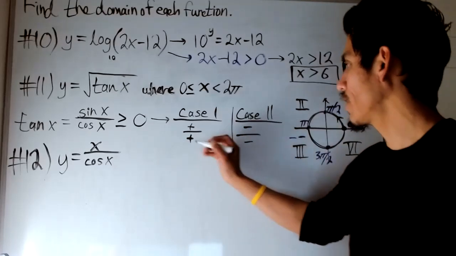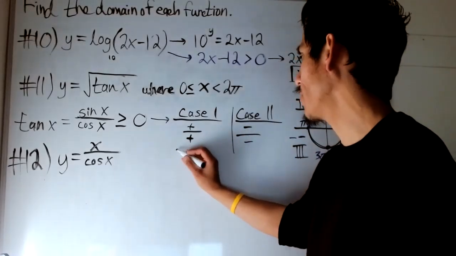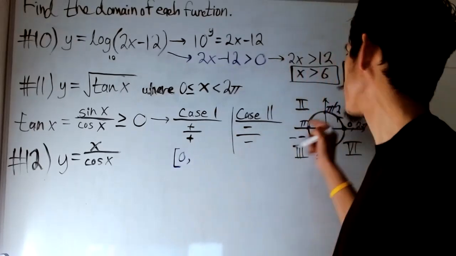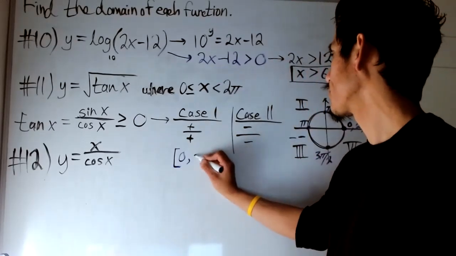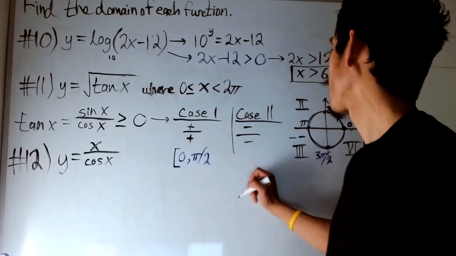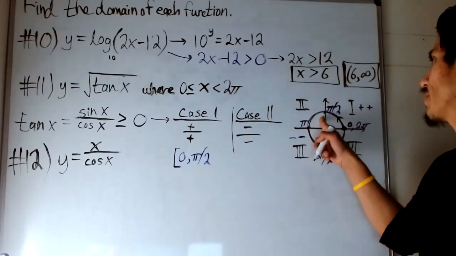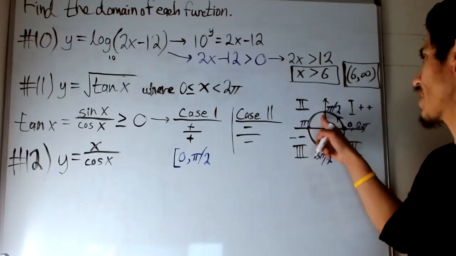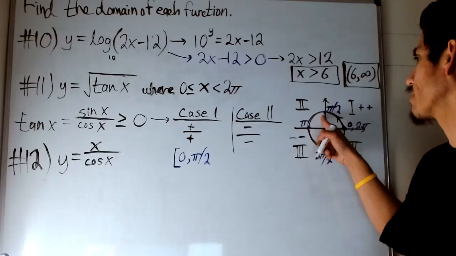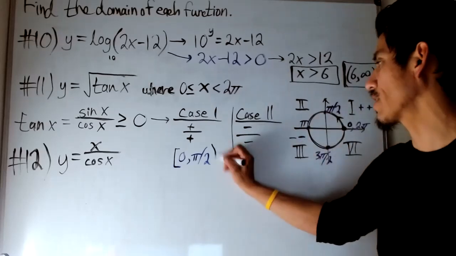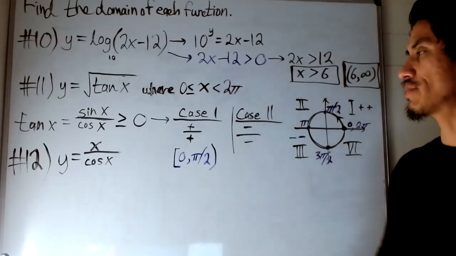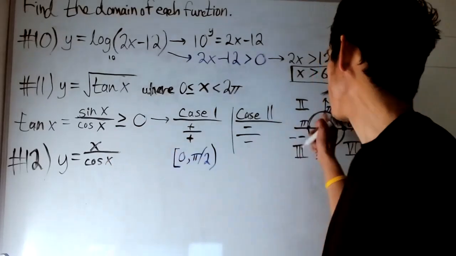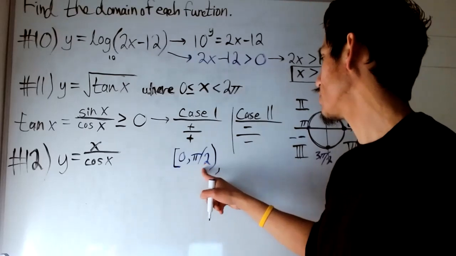So then this would be on the interval from 0 to pi over 2. And let's remember, at pi over 2, cosine is 0. So we can't include pi over 2 because we would be dividing by 0. So we would go up to pi over 2.